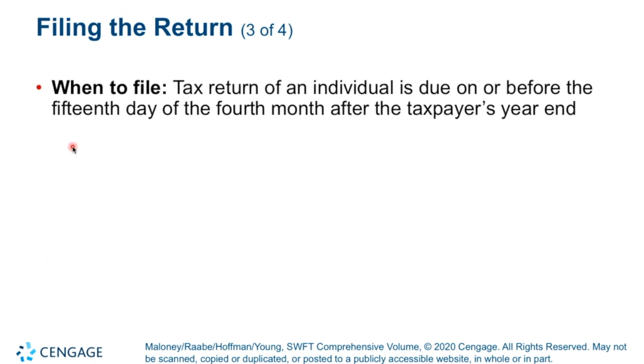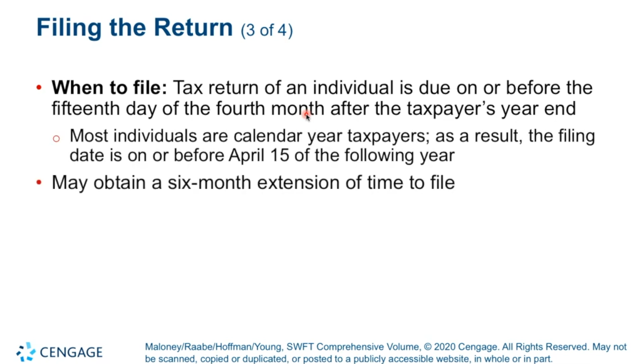So when do we file the return? It's due on or before the 15th day of the 4th month of the taxpayer's year end. Now, most individuals have the calendar year, so 12/31 is the last day of the year. 4 months, 15 days later is April 15th, the infamous April 15th.